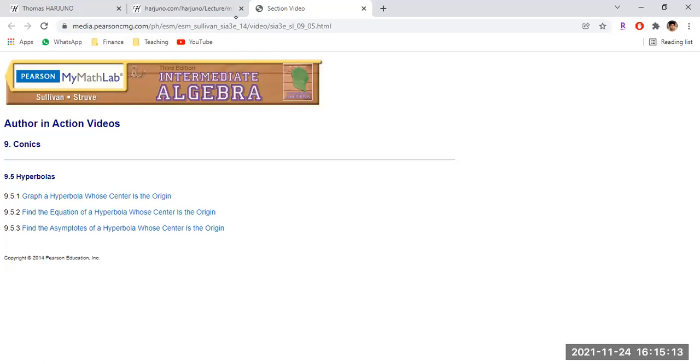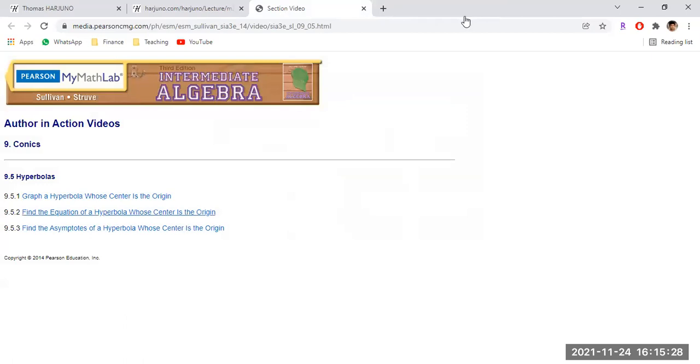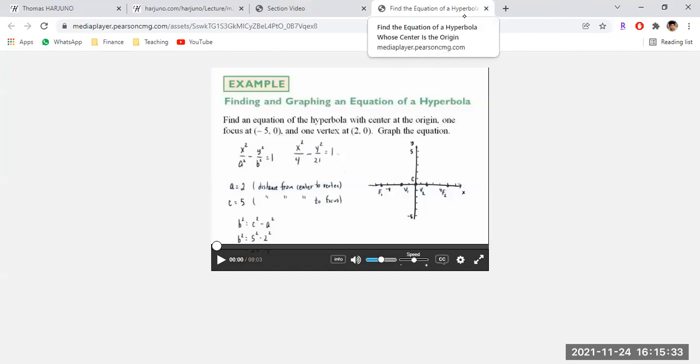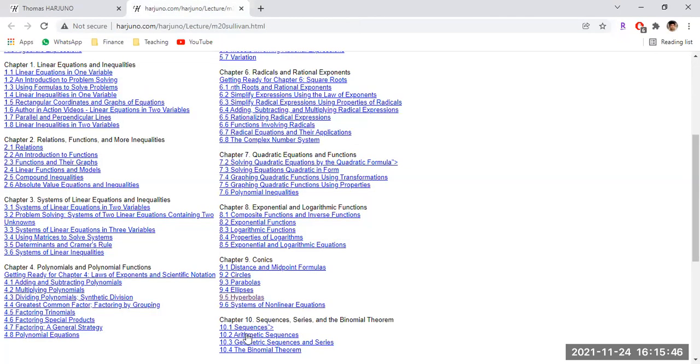It's more objective-oriented, where they ask you to graph a hyperbola if they give you the equation, or if you have a hyperbola and you need to find the equation, and so on and so forth. So if you go back to my lecture videos on my website, you will see more examples.